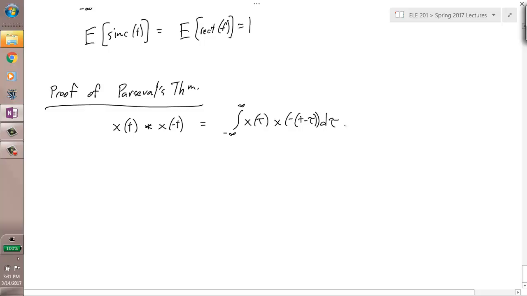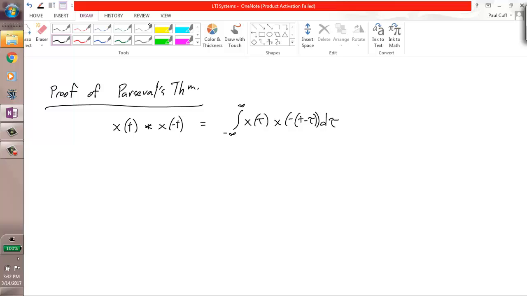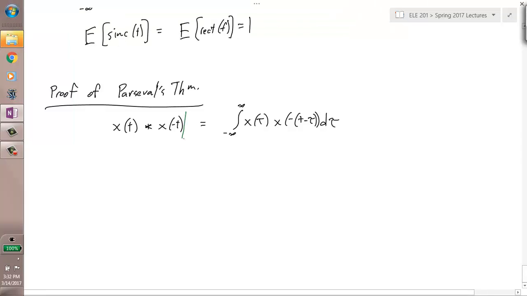Now, if I take the result of this convolution and evaluate it at time 0, this is an entire signal, right? You do a convolution of x with itself flipped backwards. I forgot one thing I wanted in this example.